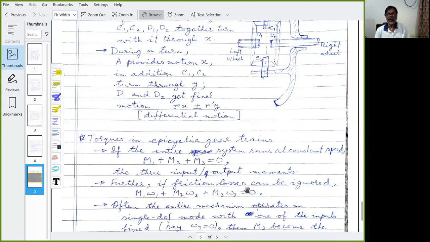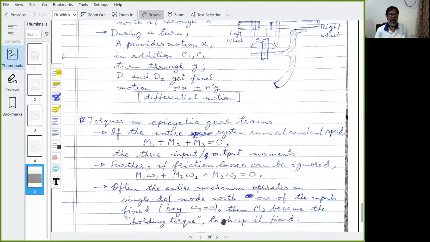Now often it happens that the entire mechanism operates in single degree of freedom mode with one of the inputs suppressed. Say omega 3 is kept zero. So in that case, basically this motion input is given as zero. Okay. That's it. So in order to hold it fixed, M3 will not be zero.